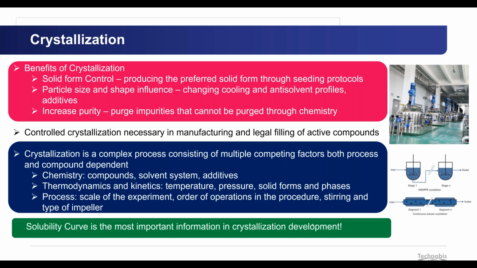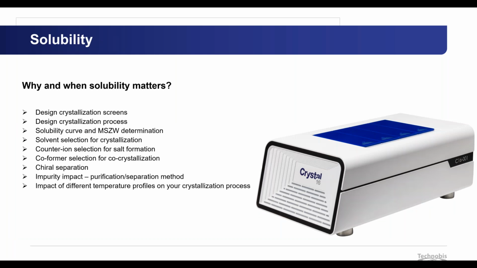I do remember many years back, I didn't know anything about my compound. The very first thing that you do is try to find out the melting point and solubility of the compound in different solvents, to be able to understand how to design your future experiments.